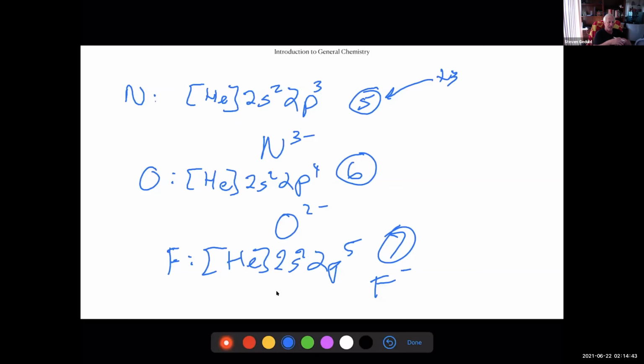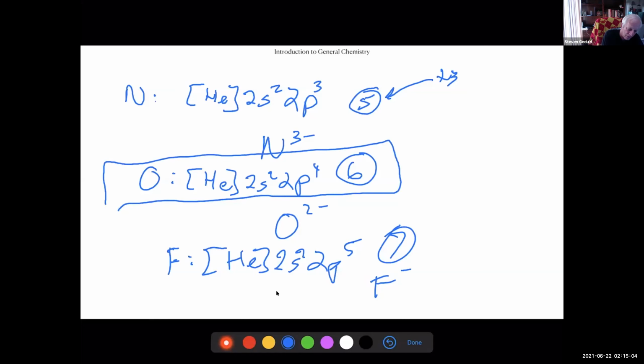Okay? So everything wants to be stable. So if we're going to write the electron configurations, they're going to want to be like a noble gas. So if I took oxygen, for example, if oxygen is going to be -2, we're going to add 2 electrons to that.